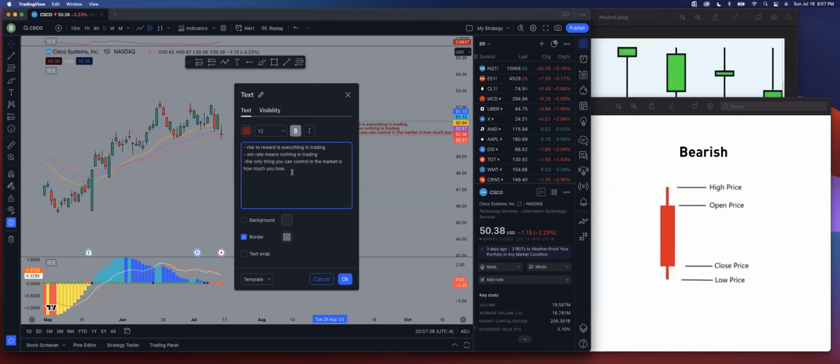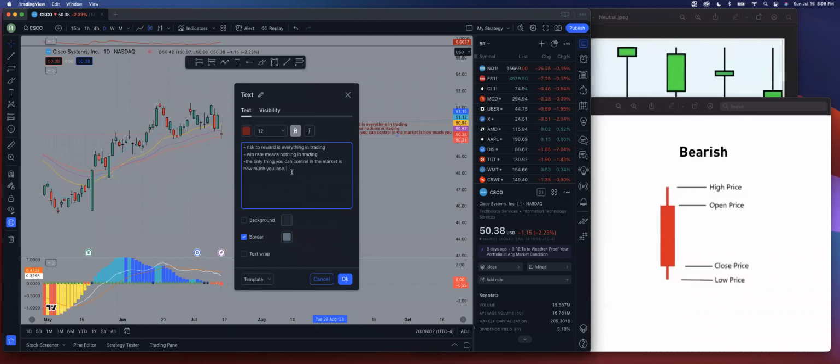Sure, there will be times where you take a swing trade and, for lack of better terms, shit hits the fan and you wake up down 50% when you were only intending on risking 20% because some bad news came out. Yes, things like that will happen. But the fact of the matter is, you can only control how much you lose.